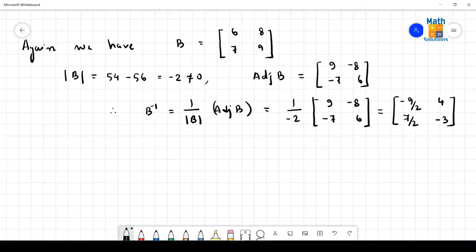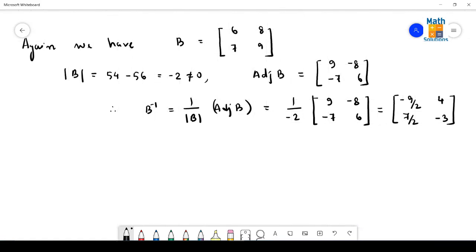Now let us evaluate the right hand side, because we already have the values for B inverse into A inverse. So let us put in the values: minus 9 by 2, 4, then 7 by 2, and minus 3.